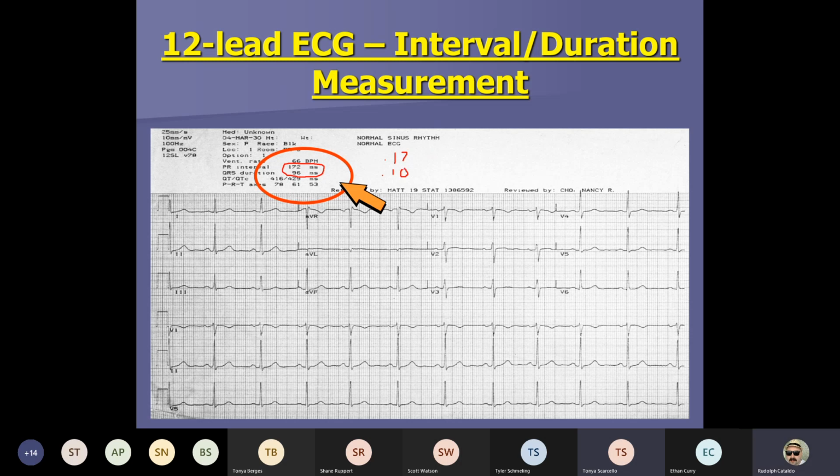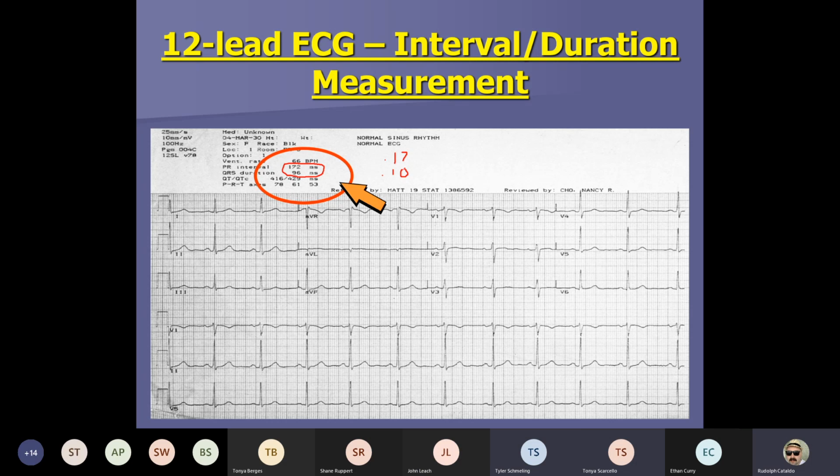What's my normal PR interval range? 0.12 to 0.20. So I'm within normal limits there at 0.17.